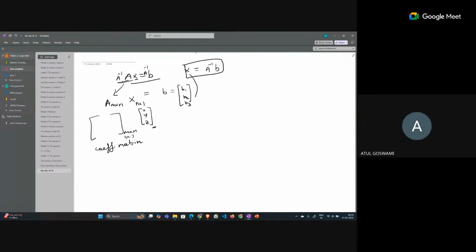So basically we have a solution, some values for x, y, z, which come from here. The first value will be this, the second value this, the third value this.